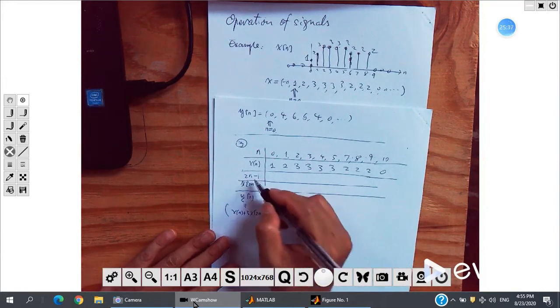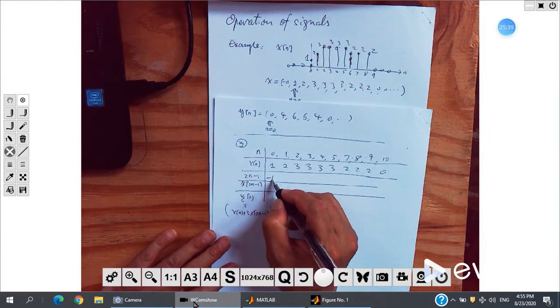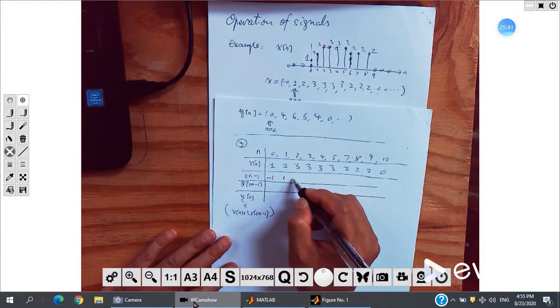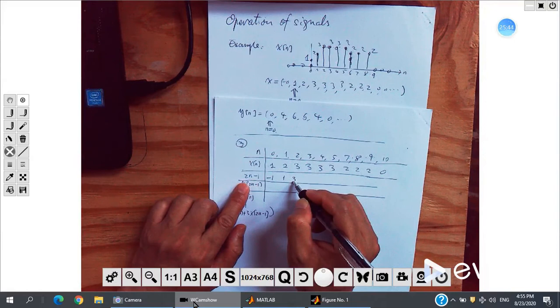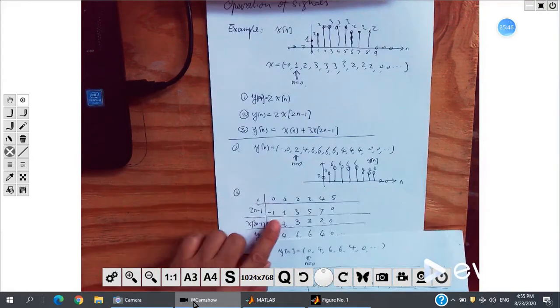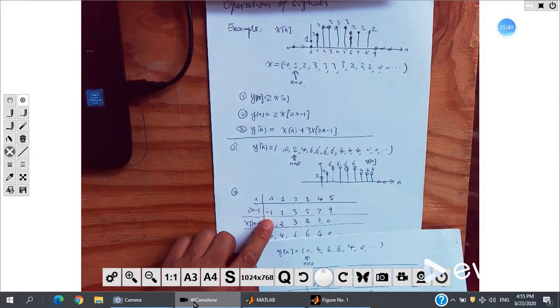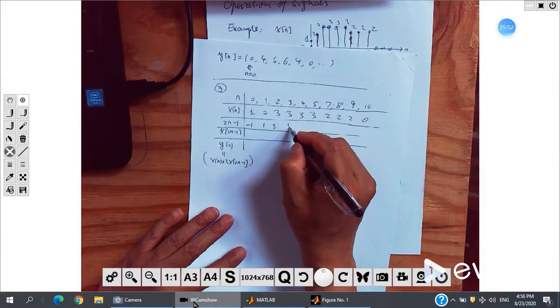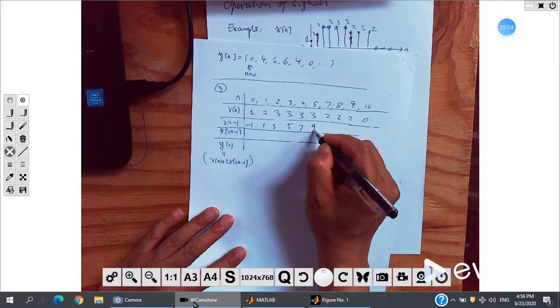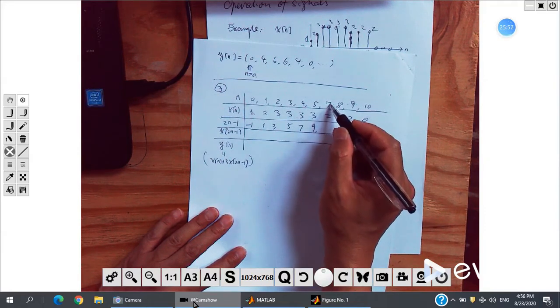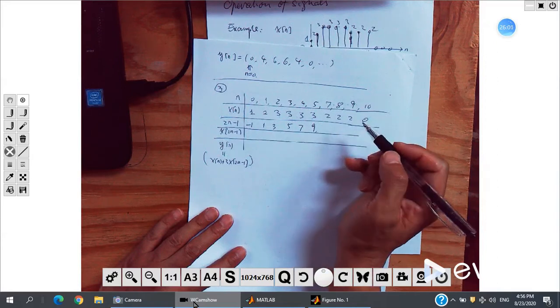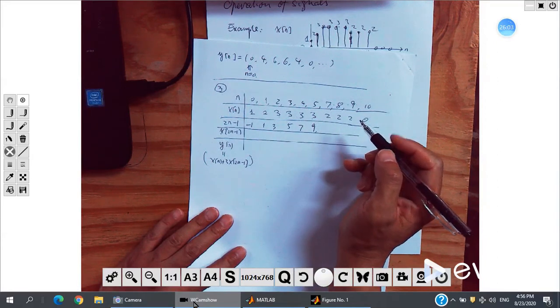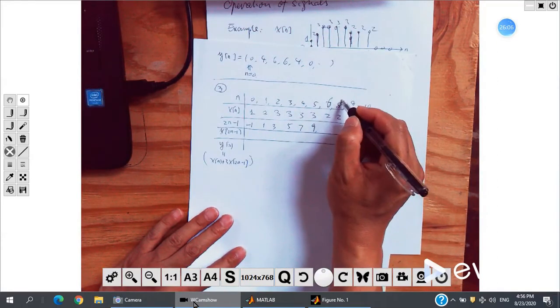And 2n-1: it is negative 1, then it's 1, this is 3. We already have them here from last time, right? Negative 1, 1, 3, 5, 7. This is 5, this is 7, this is 9. And the next will be... eh? Did I get something wrong? Oh, this is 6, sorry. Yeah, 5, 6, 7, 8.